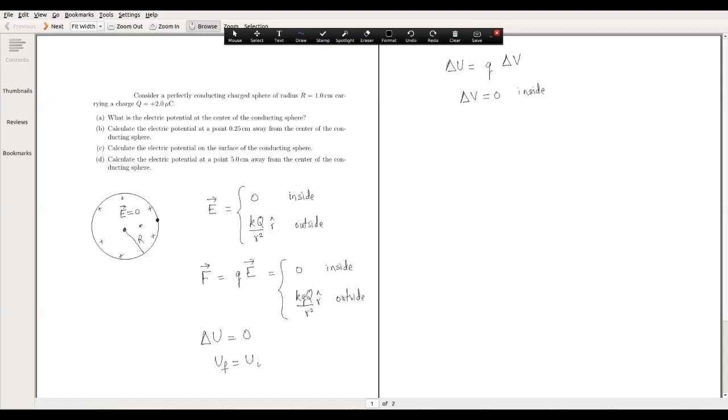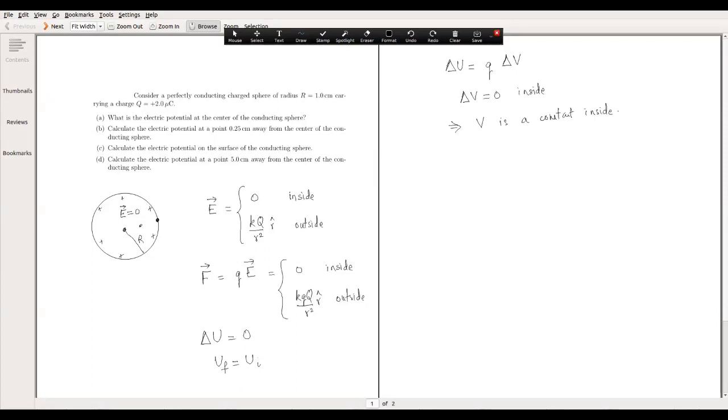That implies that V is a constant. If the change has to be zero, V should not change. V is a constant inside the sphere. V being a constant also means that maybe it could be zero, but then it also has to be the same as on the surface.